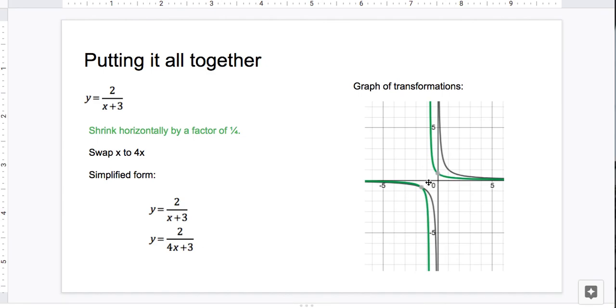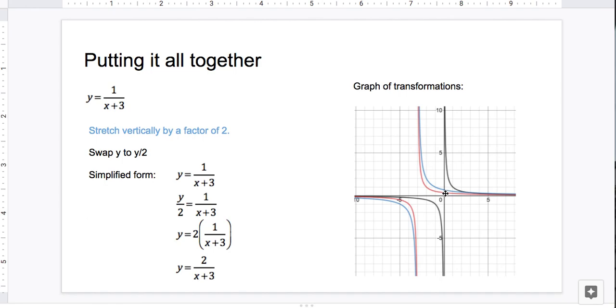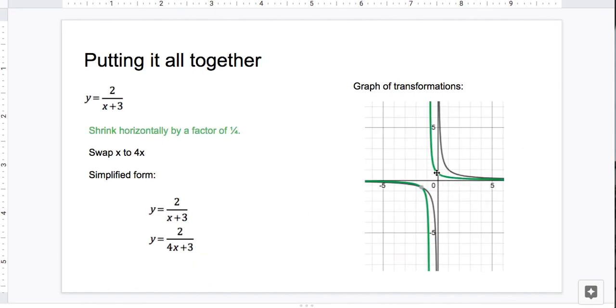You'll notice that now the green graph seems to be sort of contained by x equals -1, whereas before the blue graph was contained over here by x equals -3. That seems to be that asymptote. So I've brought everything in.